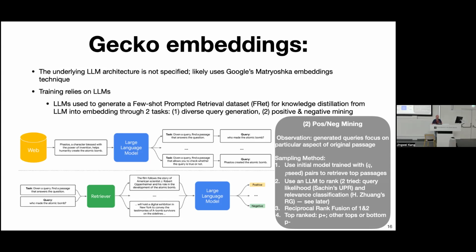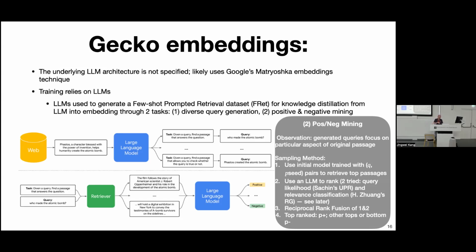They observe that the generated query focuses on particular aspects of the original passages. We shouldn't use that original passage as a positive, and related passages as positive, because the aspects are different. So what they do is sample new positive and negative documents by using an initial bi-encoder model trained with the seed passage to retrieve top passages.